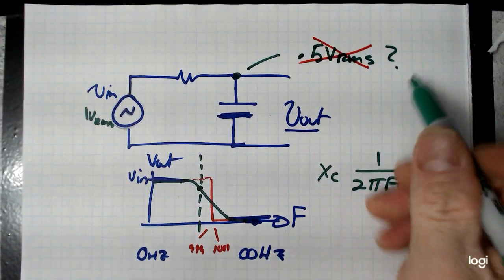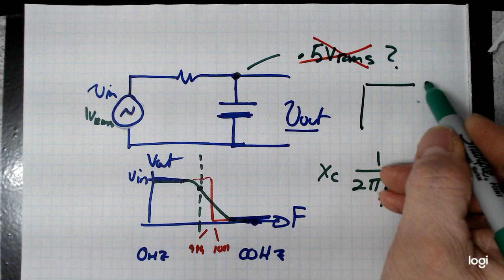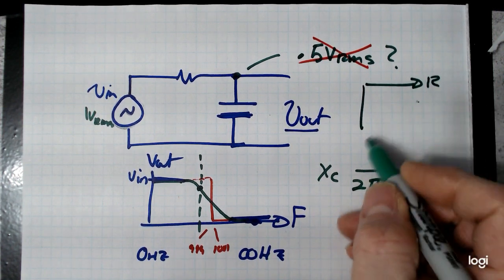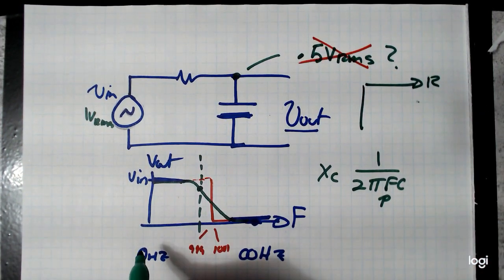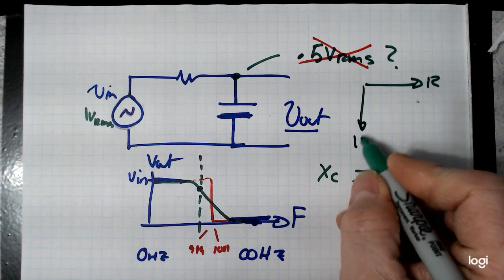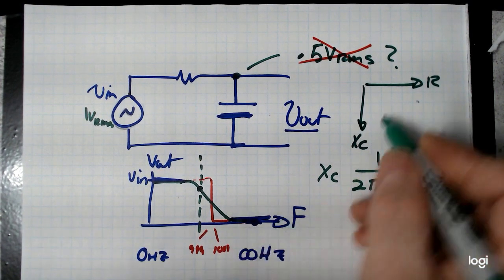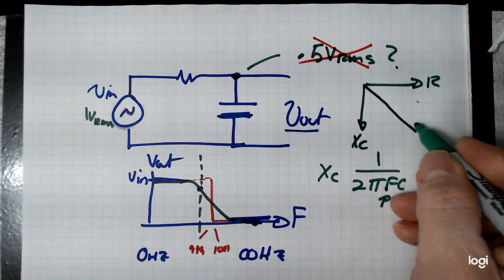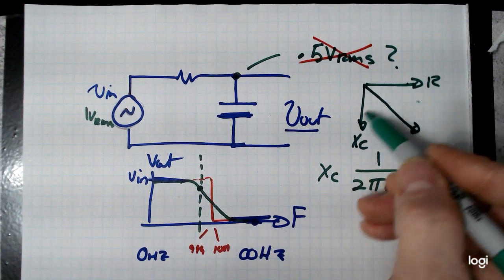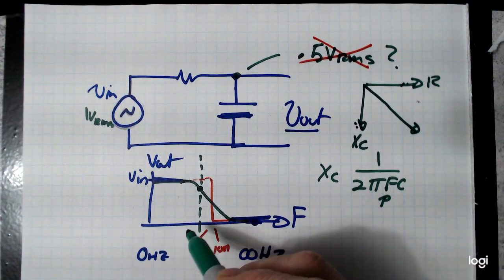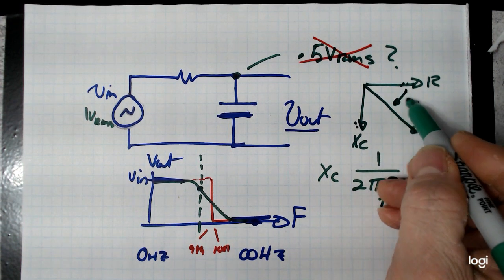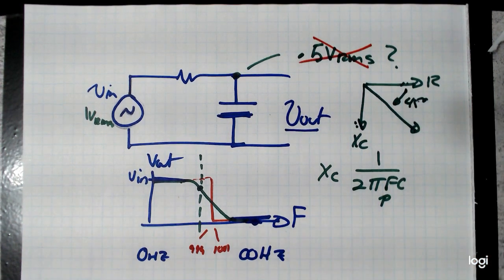What you're forgetting is that when the voltages are equal, we have an R, which is at angle 0, and we have an XC, which is at angle minus 90, so there's a phase shift. So when the voltages across the resistor and the capacitor are the same, you're actually 45 degrees off your axis, which means the voltages don't peak at the same time.